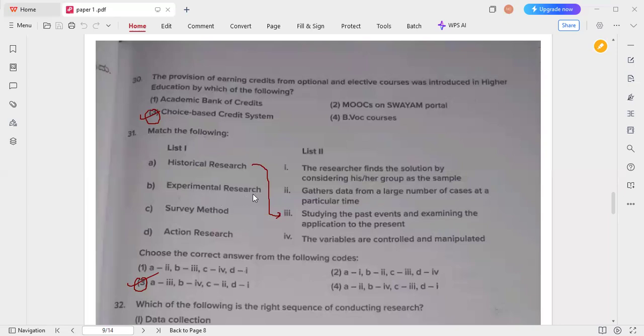Experimental research. Experimental research means the variables are controlled as well as manipulated. Okay, so this B4. Then survey method. Survey method is nothing but gathers data from a large number of cases at a particular time. And also action research means the researcher finds the solution by considering his or her group as a sample. Option 3 is the correct answer for this question.